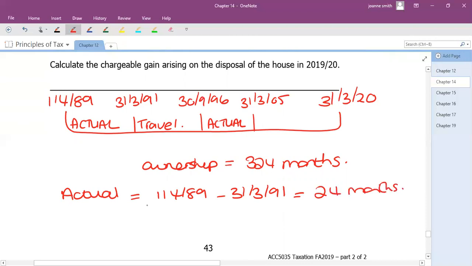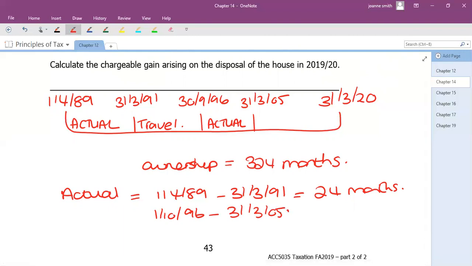Then he's got another period, which is the 1st of October 96 until 31st of March 05. So 96, 97, 98, 99, 100, 1, 2, 3, 4.